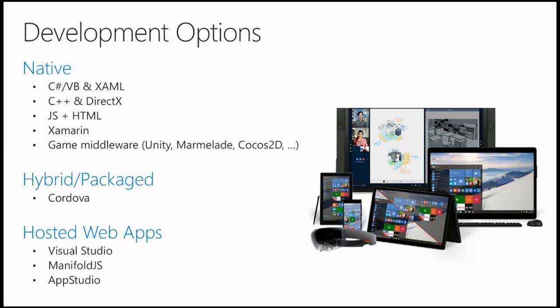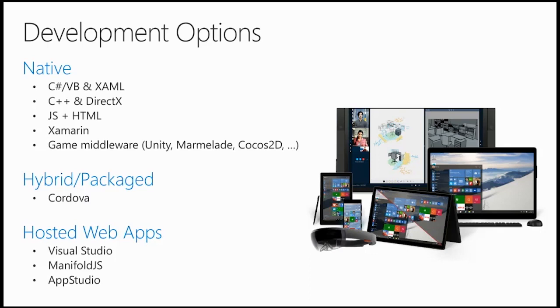So you're basically using web technology, and you're packaging those HTML, JavaScript and CSS files inside of your application, and you can call into the Universal Windows Platform APIs. So this is the typical Cordova PhoneGap type of application. It's like running a mini browser inside of your application.